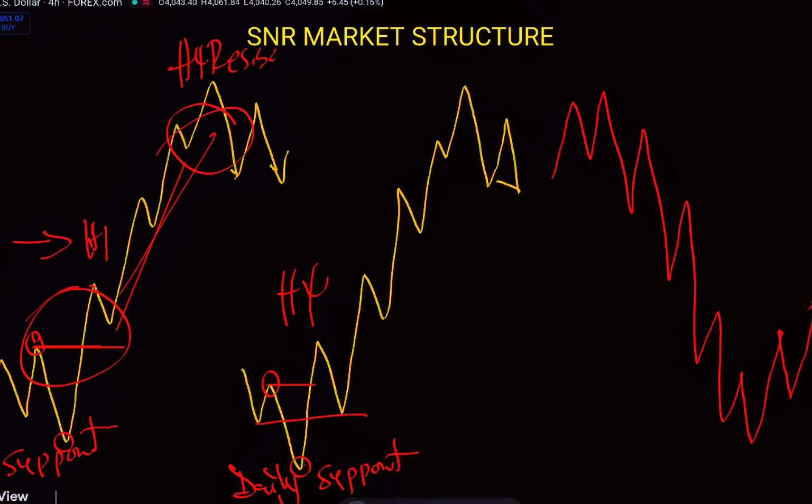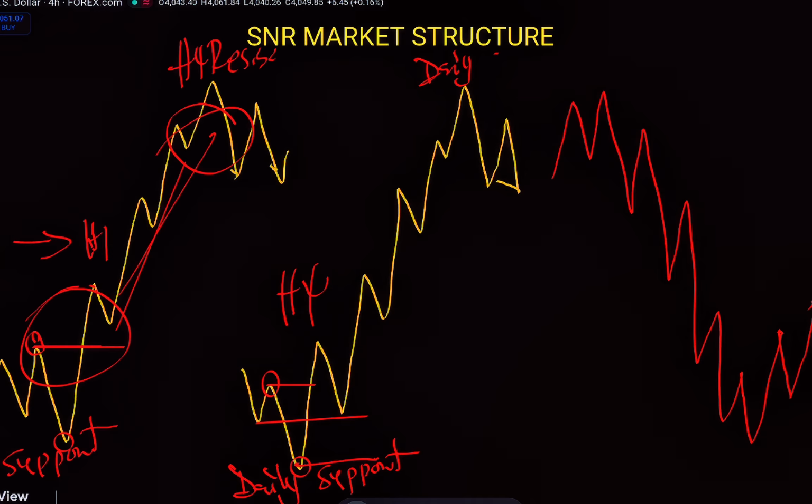Hence, we come back to levels that we expect market to pull back to, and then we take the market back to a resistance. Which resistance? It is taking us to daily resistance, because there is a break in structure uptrend.